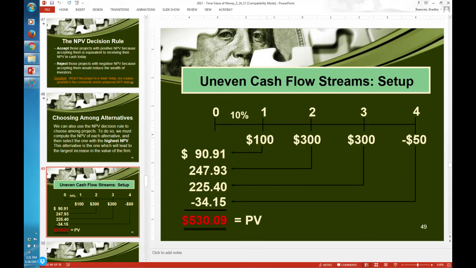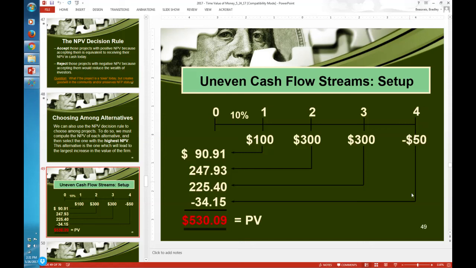And realize that a lot of work has already been done to even get us to this point, because this is basically the difference between all the benefits and all the costs within this year, and we're coming up, fortunately in this case, to a positive 100. Out here in time period 4, it's clear that expenses exceed benefits or revenues, and here we have a negative value.